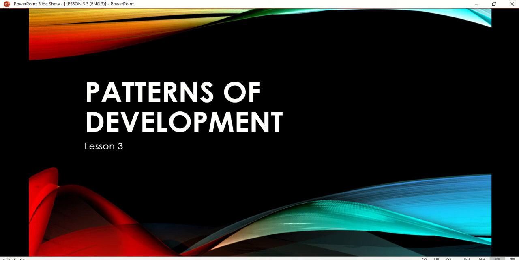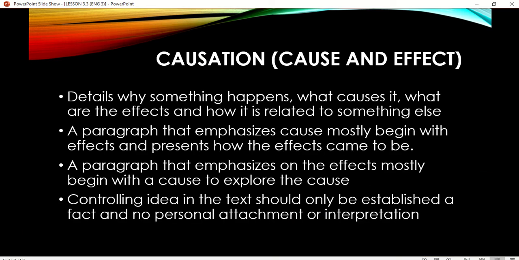So let's start with the first pattern, which is causation, also known as the cause and effect pattern of development. When we say causation, you just have to take note that if a composition explains a problem and the reasons behind that problem, it is automatically causation.